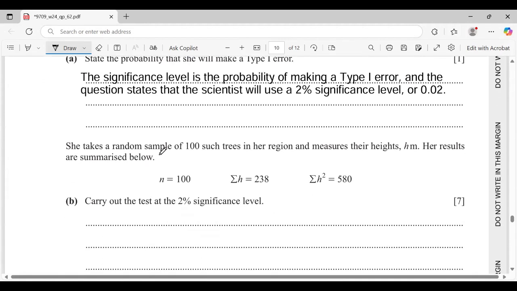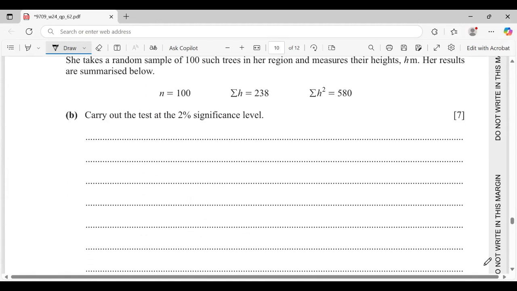She takes a random sample of 100 such trees in her region and measures their height, h meters. Her results are summarized below. n equals 100, sigma h equals 238, sigma h squared equals 580. Carry out the test at the 2% significance level, or alpha, 2%. Hypotheses first.